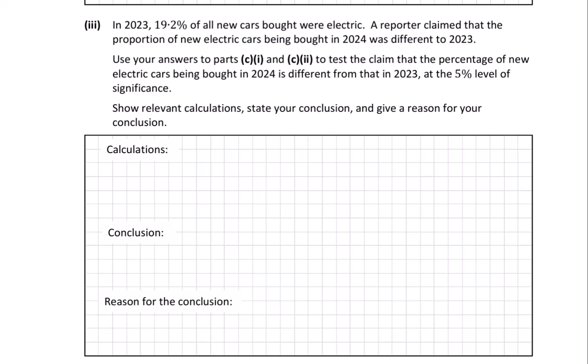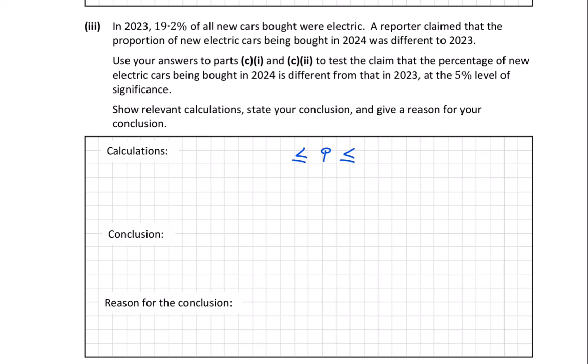Okay, so we've got to do the calculations first. So the calculations would be that the population proportion is somewhere between, so it's going to be the proportion of cars bought in 2024, which was 13%, and then we've got to subtract the margin of error, which was 3.5%, and these are percentages here.